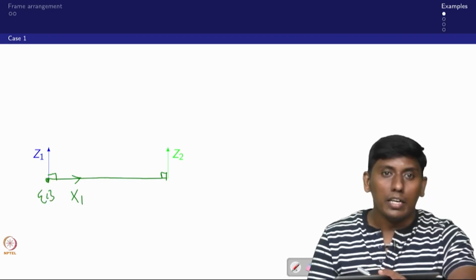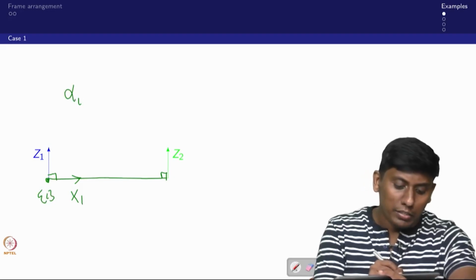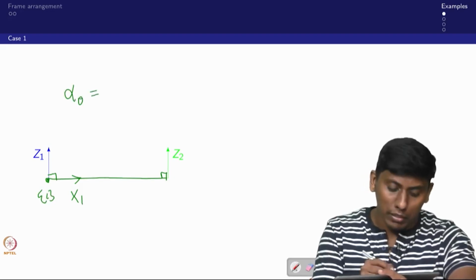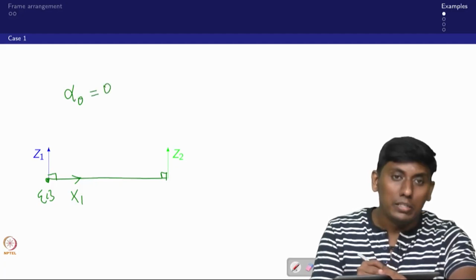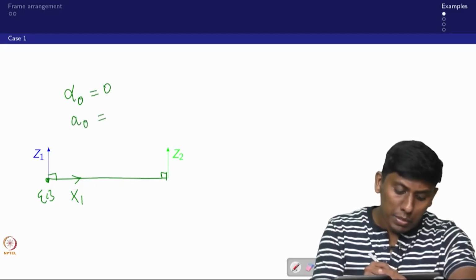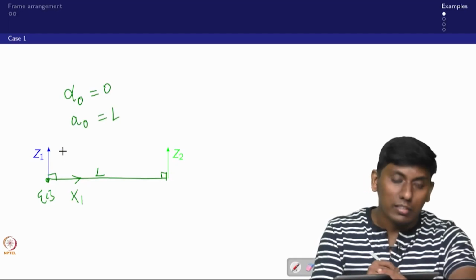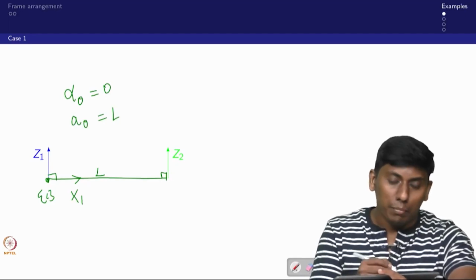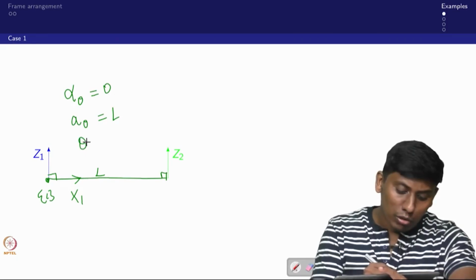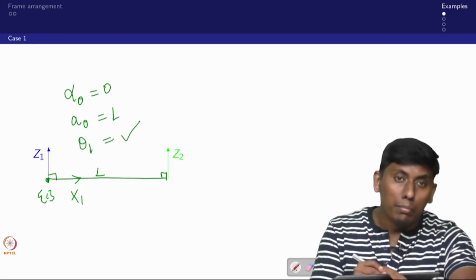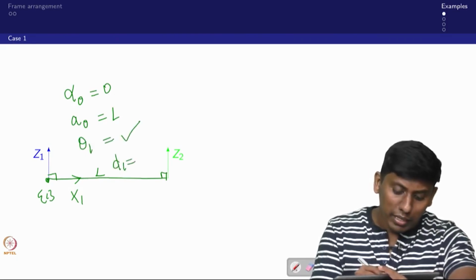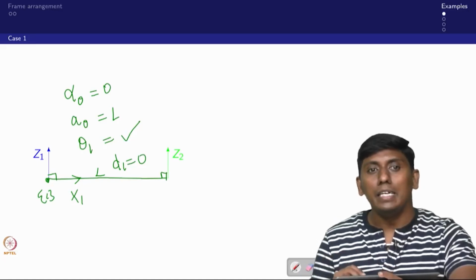In that case, alpha 0 would be 0, and a0 would be this length L. You can decide whether it is active or not based on that. Now theta 1 would be a variable, and d1 in this case is 0. So this is very easy.